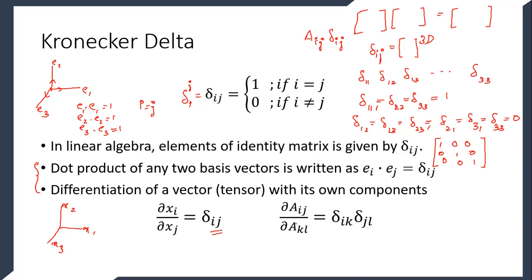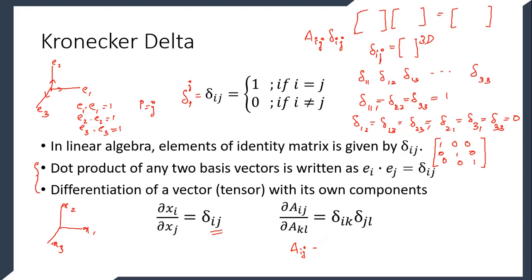Similarly, in the case of a tensor, here we have two different linear directions because it's a multilinear element. So we can differentiate the component of a tensor with respect to its own components, and this will give you 1 only if these two components are equal. That is, a ij can be differentiated only with a kl.